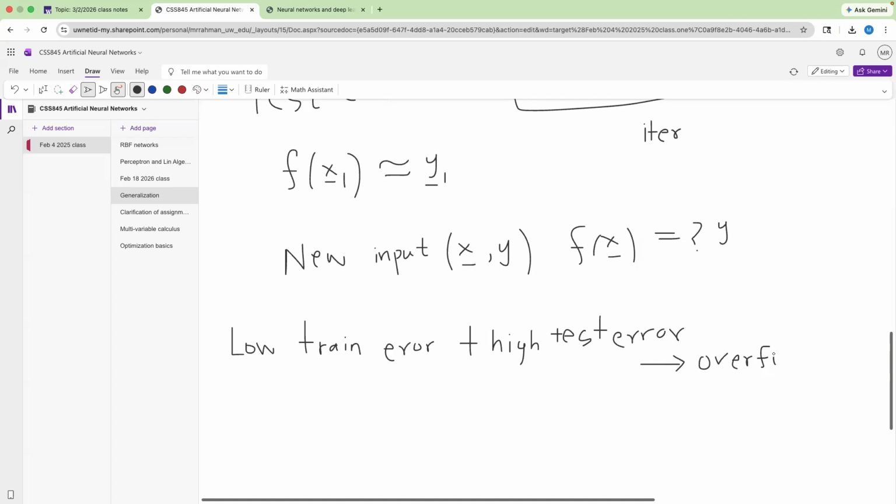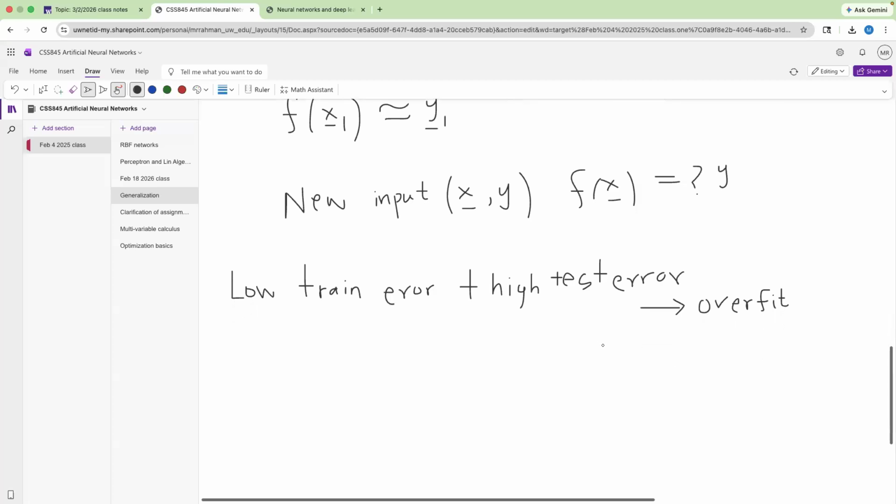Overfitting means you are fitting to noise specific to your training examples, and you're not actually learning the general pattern of your data. To combat overfitting, we need to use techniques to improve the performance of the neural network, and that's what we're going to discuss. So what does the picture look like?